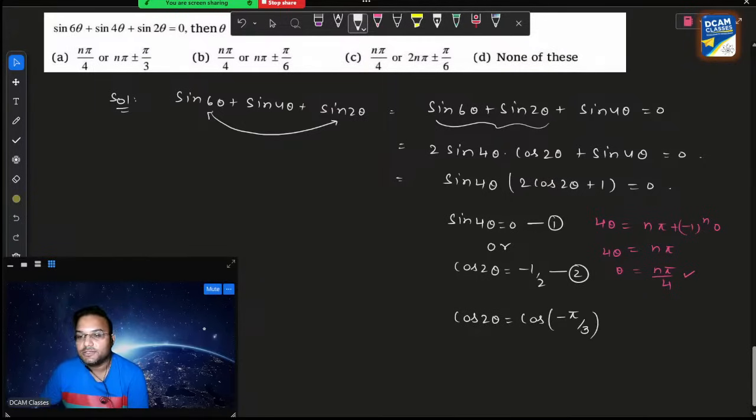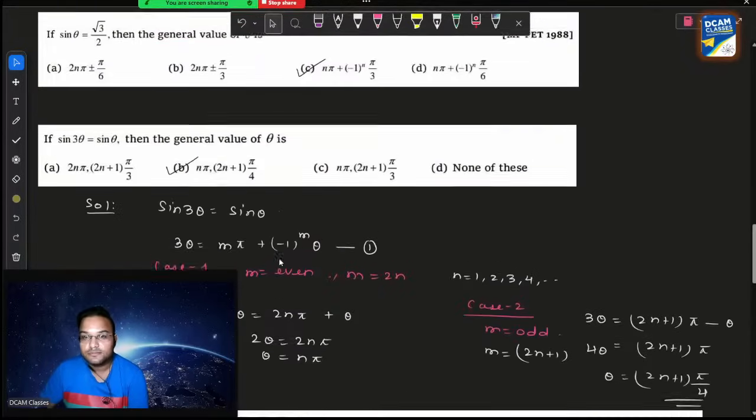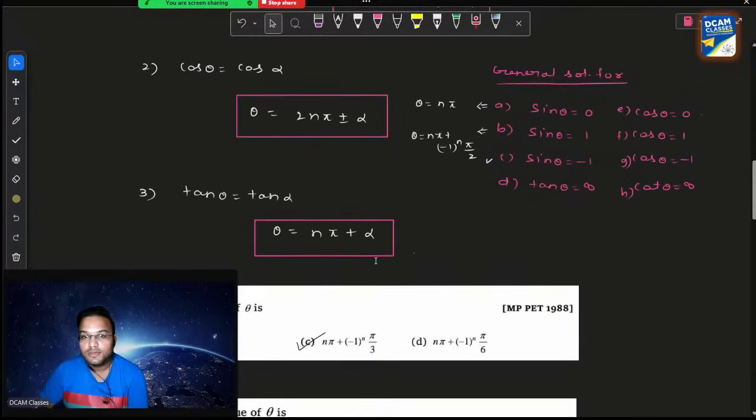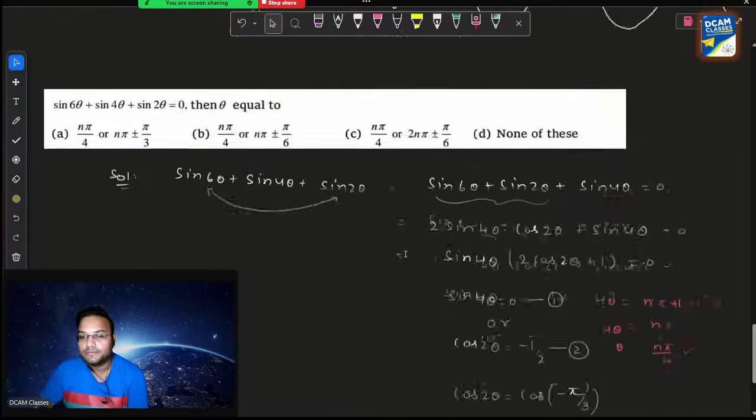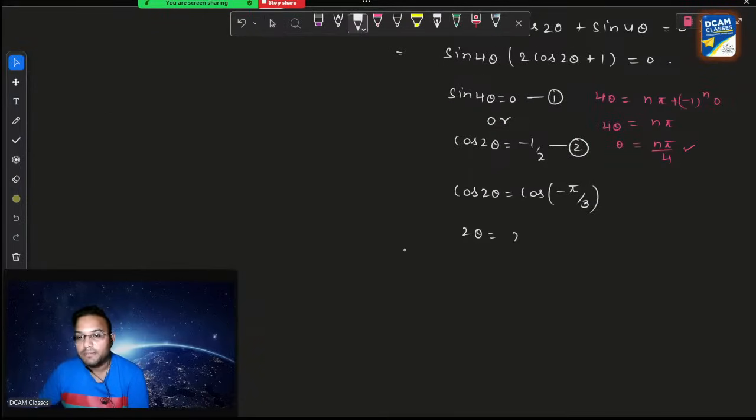Then in that case, what is the general solution? 2n pi plus or minus alpha. You get 2n pi plus or minus pi by 3. Then you'll get theta is equal to n pi plus or minus pi by 6.